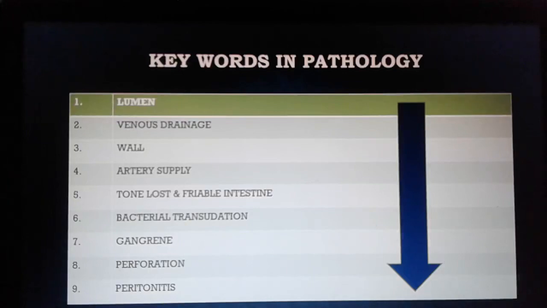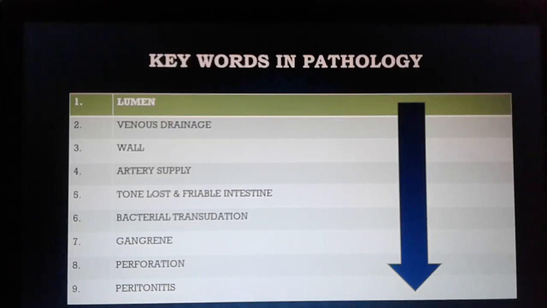After perforation, there will be spillage of the content inside the sac of the hernia, and from the sac of the hernia it will pass on to the intraperitoneal cavity, leading to the various features of peritonitis. We'll discuss those features in the clinical features part.